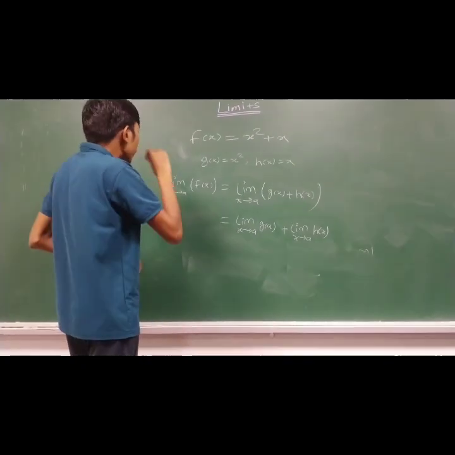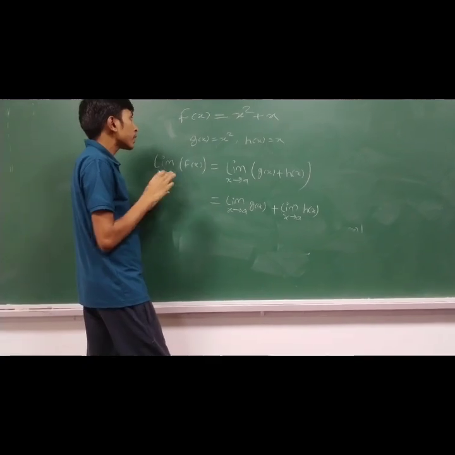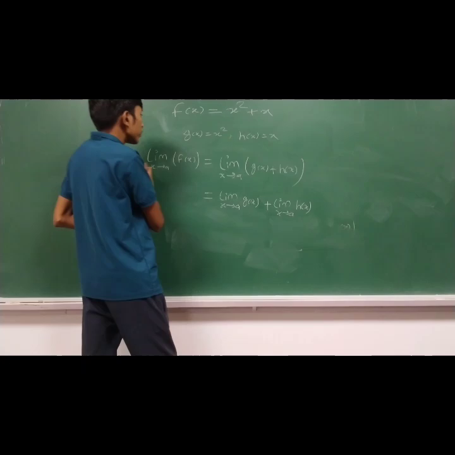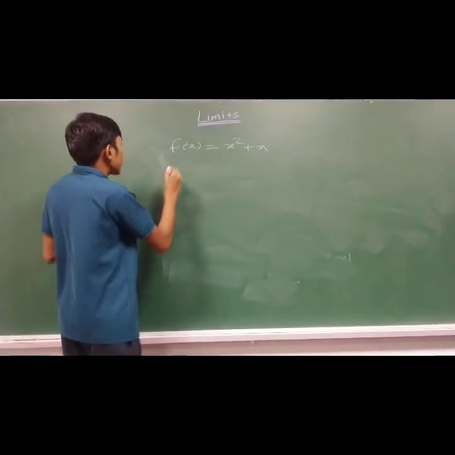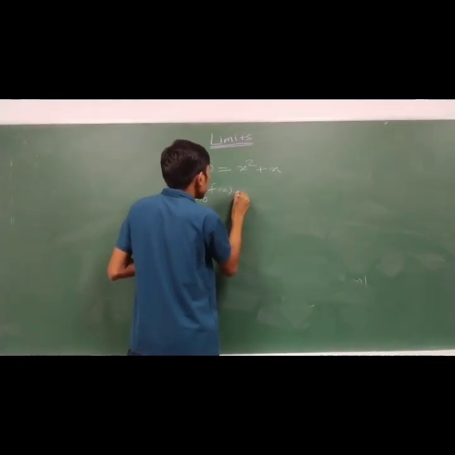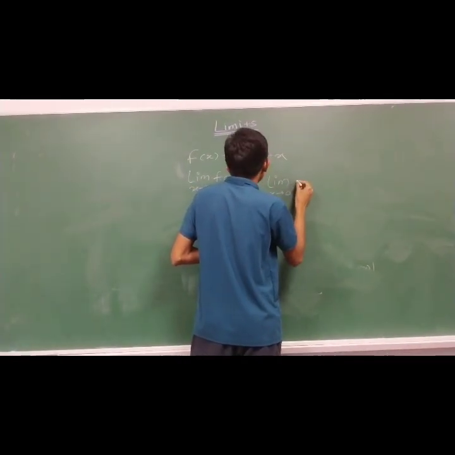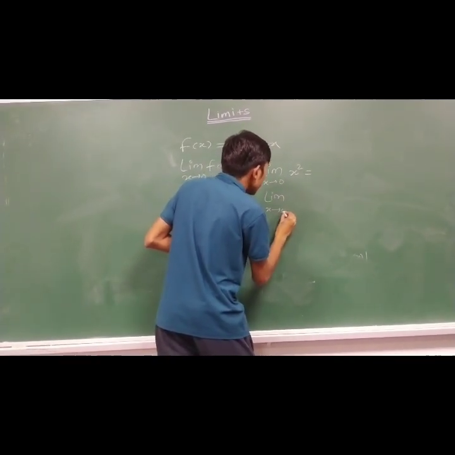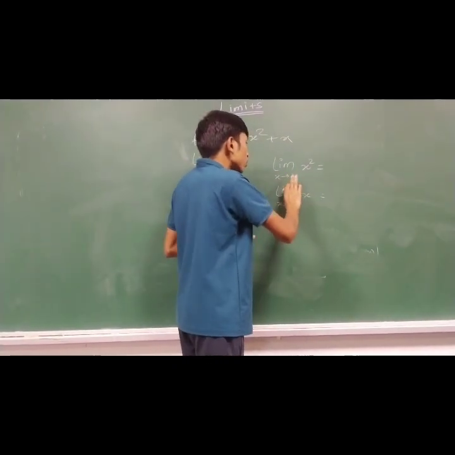If I want to find the limit of that function at x equal to 0, I will directly find the limit this way. That means I want to find the limit as x tends to 0 of the function.